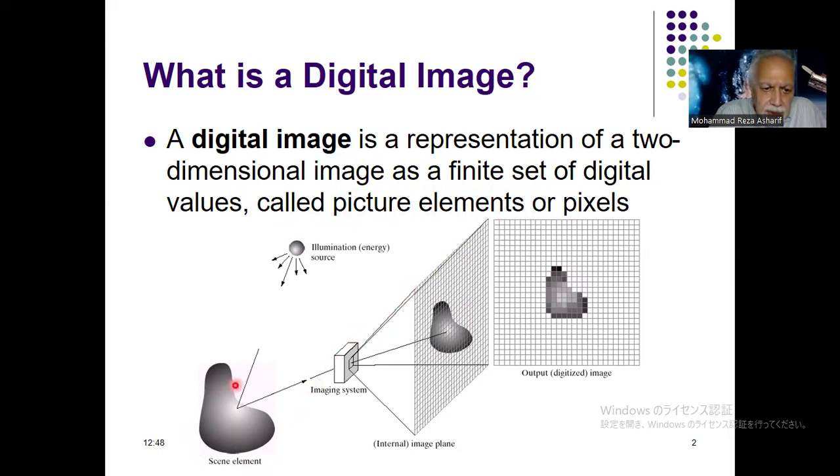We have a scene element here, the illumination source, energy, and then the image is grasped by a system or camera, then the internal image plane, and at last the output image, the digital image, is shown here.